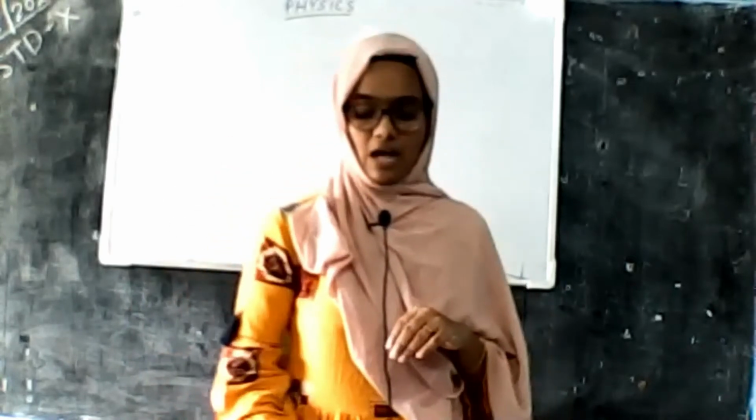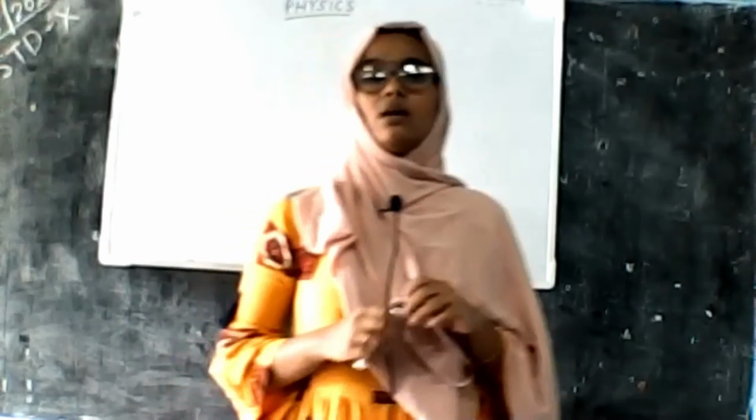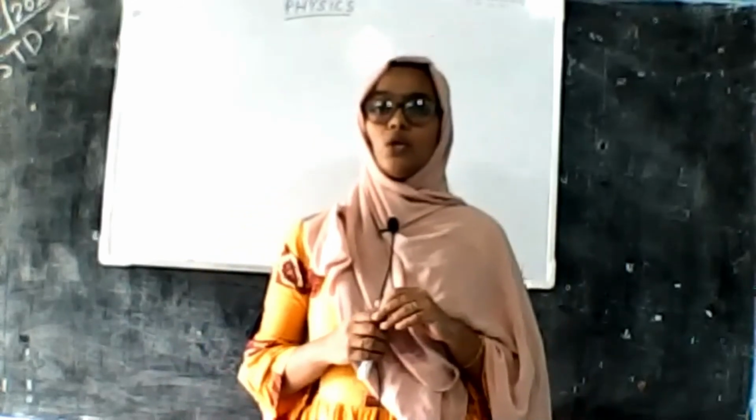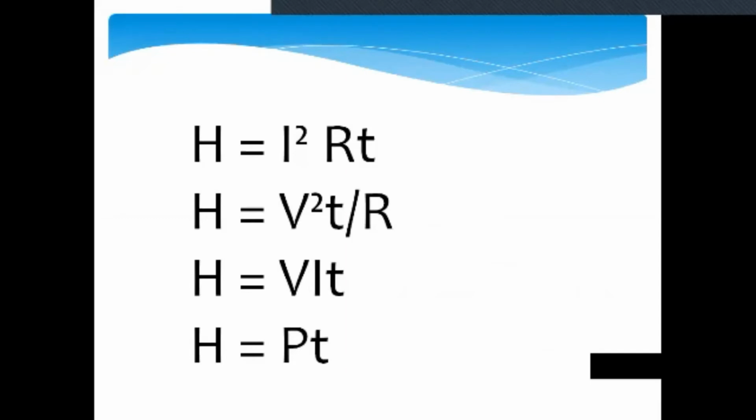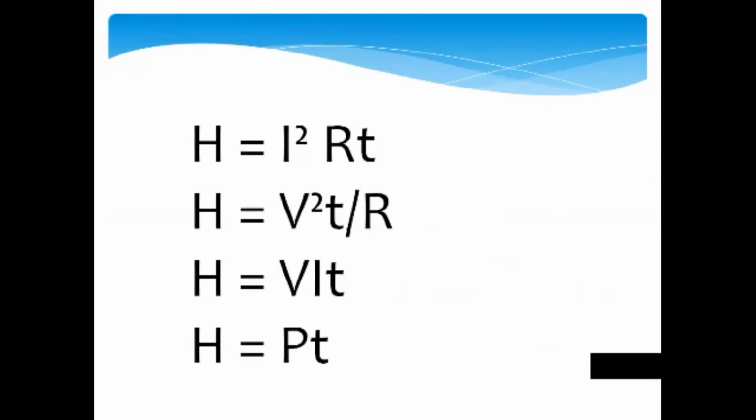Okay, and we have to calculate other problems using Joule's law. For using Joule's law, we have four equations: H is equal to I square RT, H is equal to V square T by R, H is equal to VIT, and H is equal to PT.